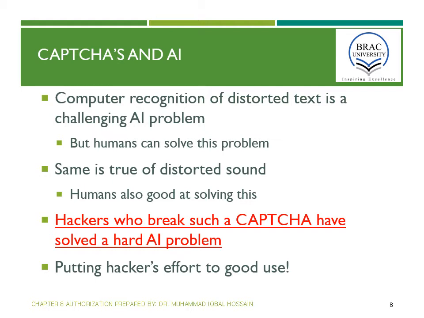Most of the captcha is now distorted text based. Some of them are voice based and image based, but the technology is improving day by day. The AI is improving day by day. So maybe in a couple of years this text based captcha will be obsolete.